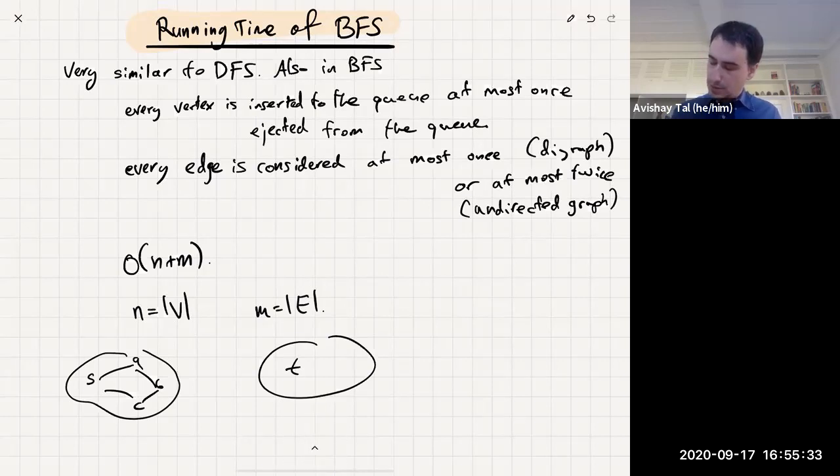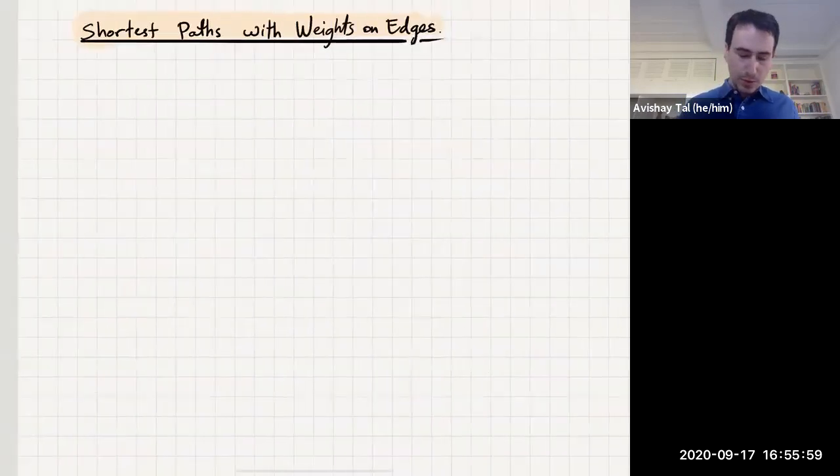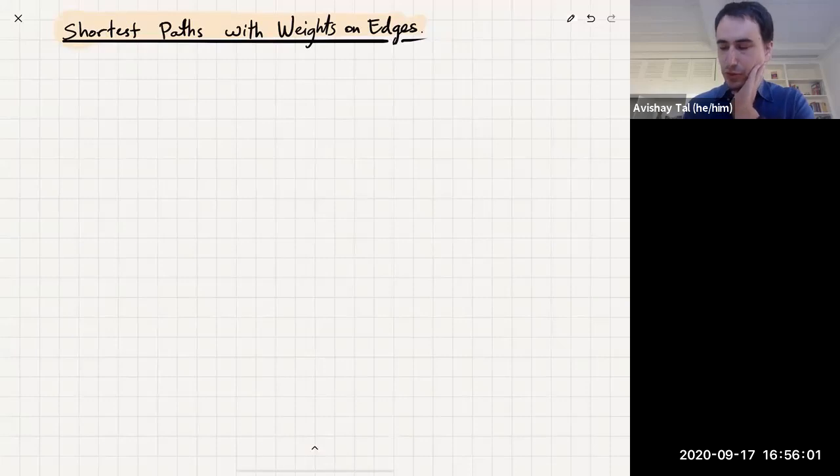All right. So this was a simple algorithm, but it had a slightly unnatural assumption. The assumption was that the weights or the distances on edges are all one, all the same. If you think of roads, it's not a natural assumption, right? Every road has a different length. So next we want to talk about shortest path when we have weights on edges.